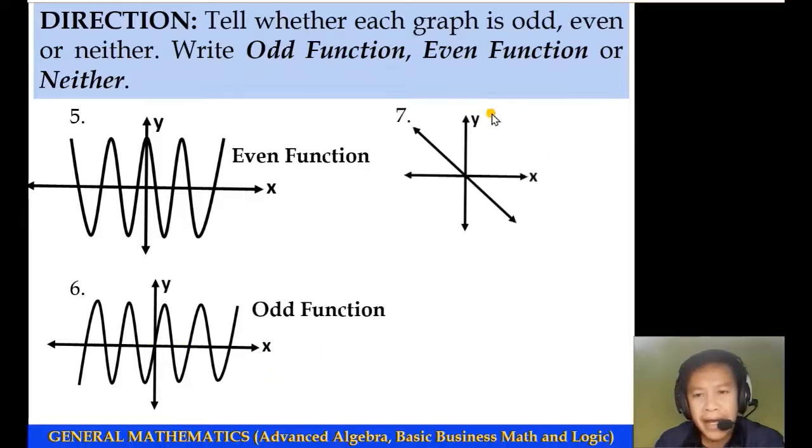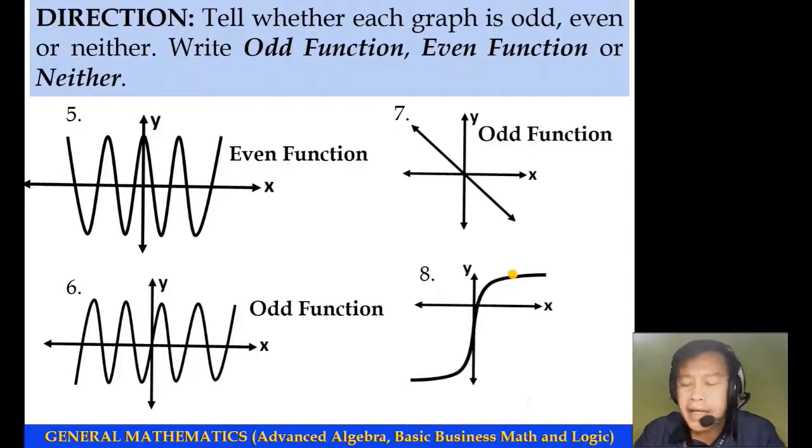Number 7, and this is a line which passes through the origin and divides the quadrants into two congruent parts, and this ray is symmetric with this ray with respect to the origin, and this is an example of an odd function.